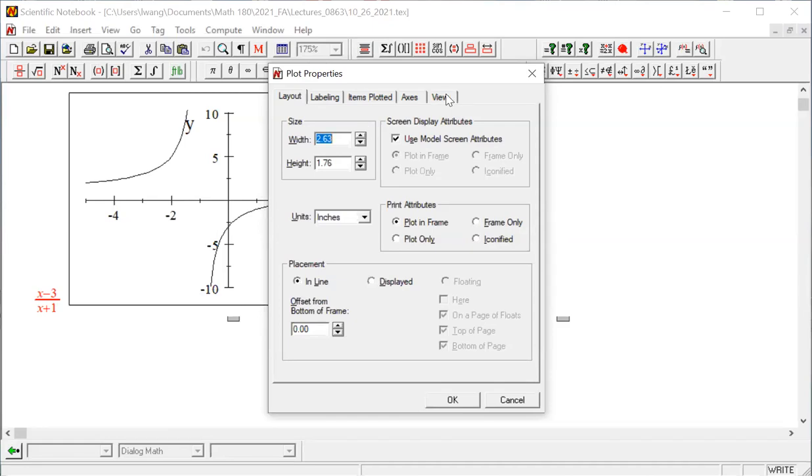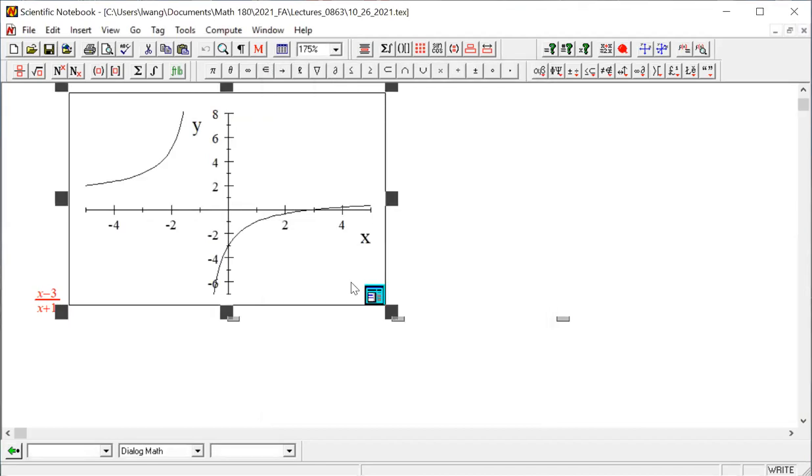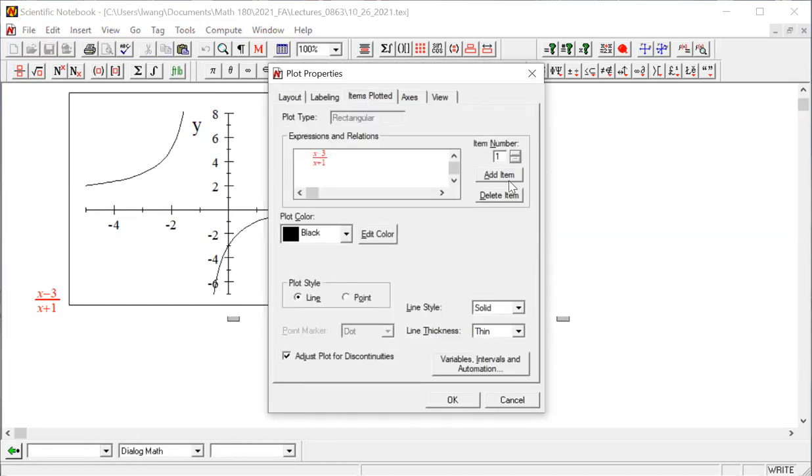So let me grab this and make some adjustment here. Maybe I'm going to make it 8, -7. You see there's a vertical asymptote here.